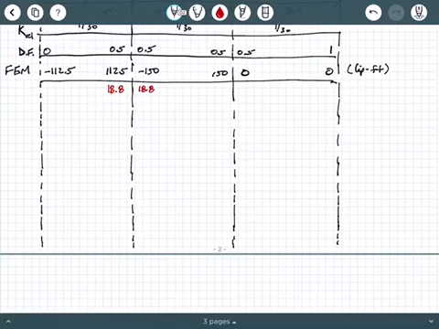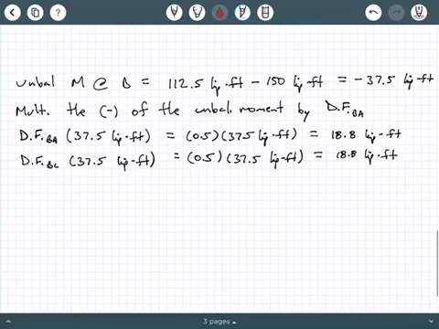Now, here's where you got to be careful, okay? The first 18.8 I calculated here was calculated using distribution factor BA. The second 18.8 kip feet was calculated using distribution factor BC. All right, so they happen to all be 0.5 now, all right? Maybe I made up this problem unwisely by having all the same numbers, but make sure you know which 0.5 is which. I mentioned that earlier.